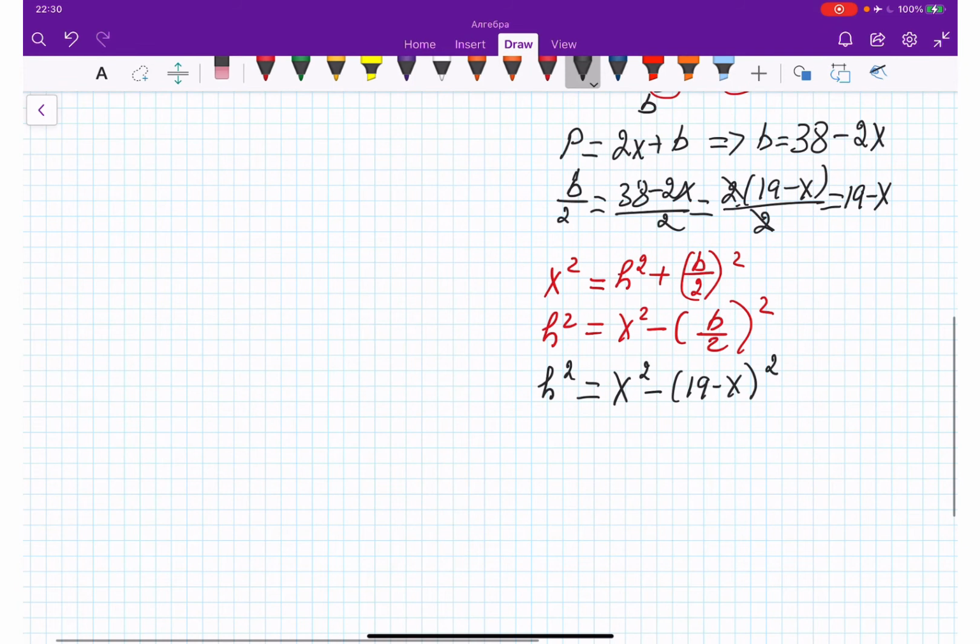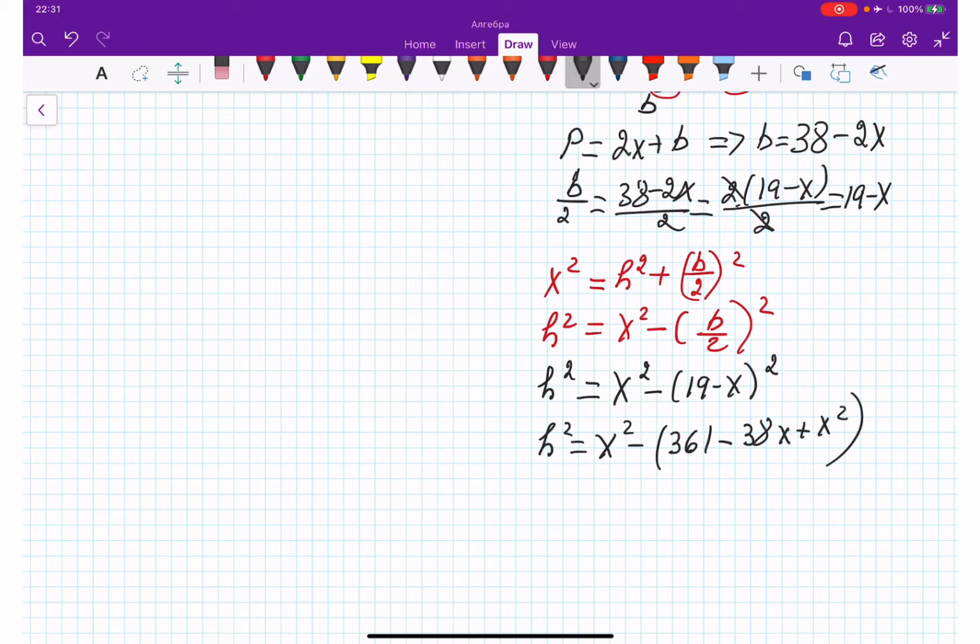Okay, let's simplify. H squared is equal to x squared minus (19 minus x) squared. It's a perfect square. So 19 squared is going to be 361, minus 2ab, which is 2 times 19, 38x, plus x squared. Let's open parentheses. x squared minus 361 plus 38x minus x squared.